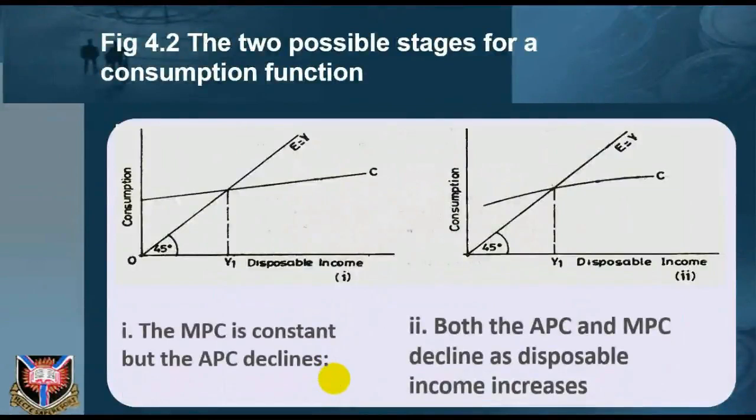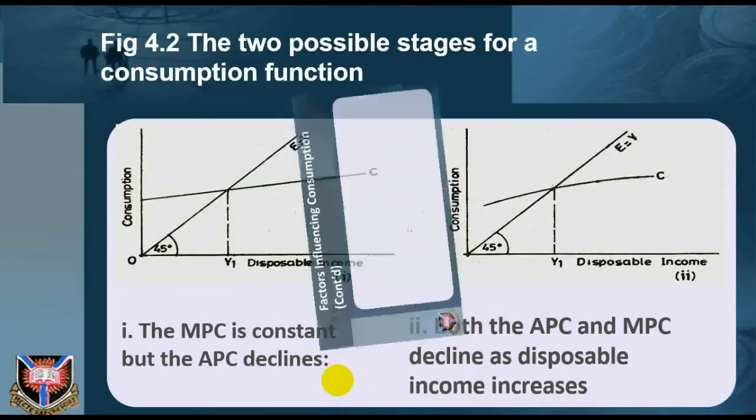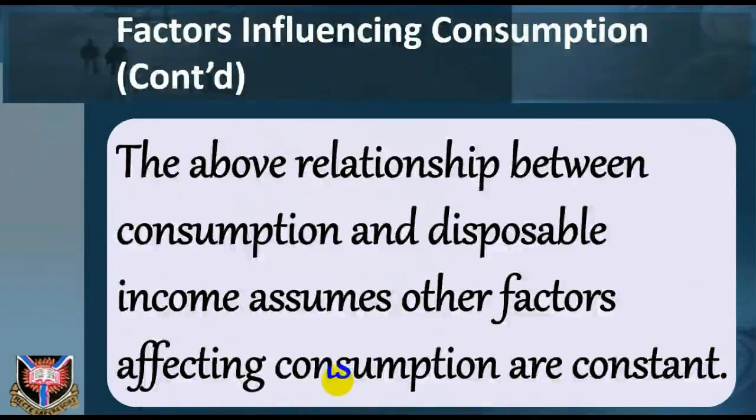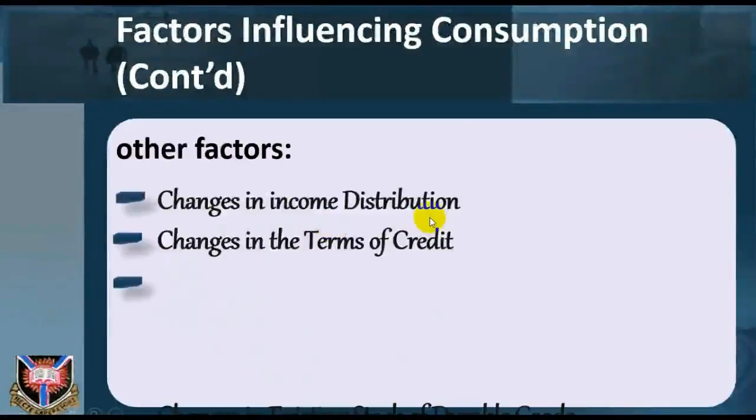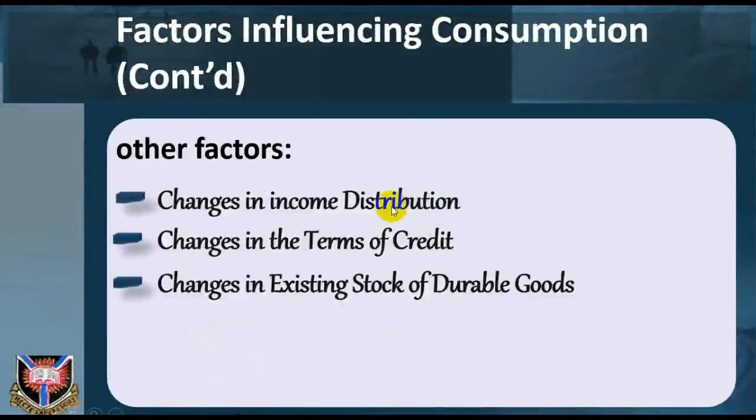Changes in income distribution. If households have different marginal propensity to consume, MPC, aggregate consumption depends not only on aggregate income, but also on the distribution of this income among households. Changes in the distribution of income will cause a change in the aggregate level of consumption expenditure associated with any given level of national income.